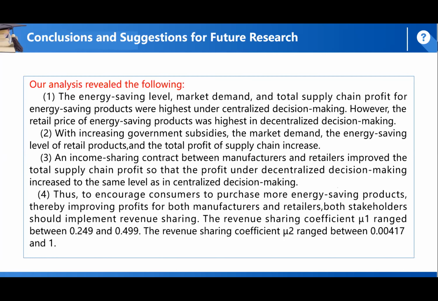Conclusion 3: a revenue sharing contract between manufacturers and retailers improves the total supply chain profit, so that the profit under decentralized decision making increases to the same level as in centralized decision making.